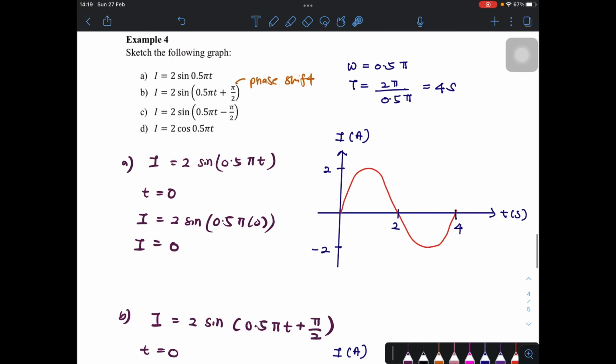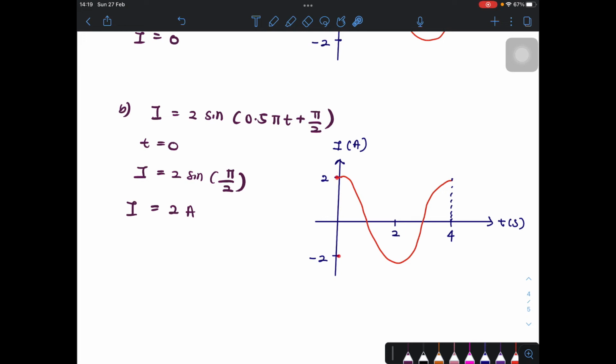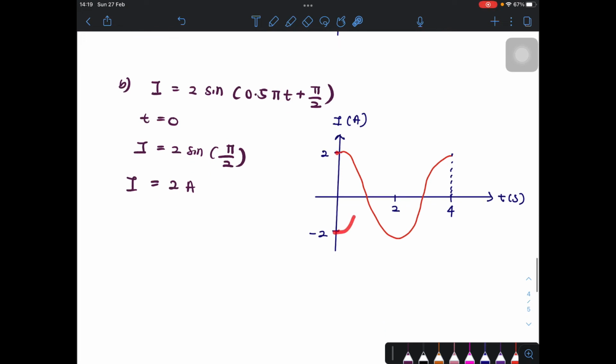Okay, next one we have this expression sama macam B, tetapi kita ada negative value. So kalau kita ada negative value, maksudnya our graph will be flipped. Instead of start daripada 2, kita akan start daripada negative 2. So let's see whether that is correct.